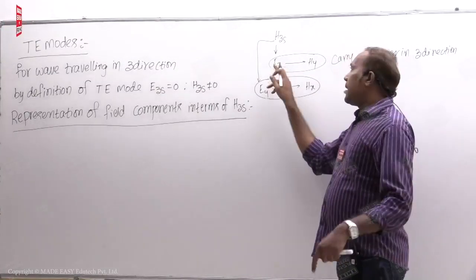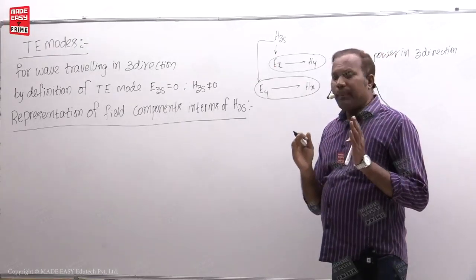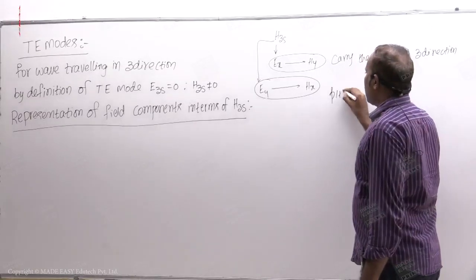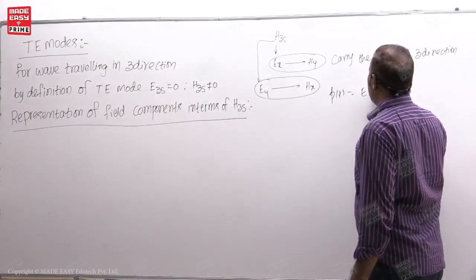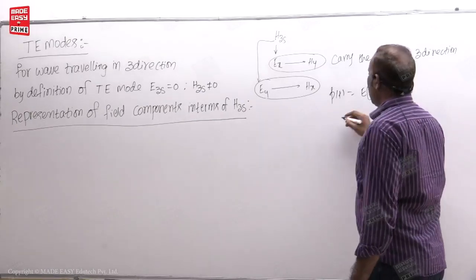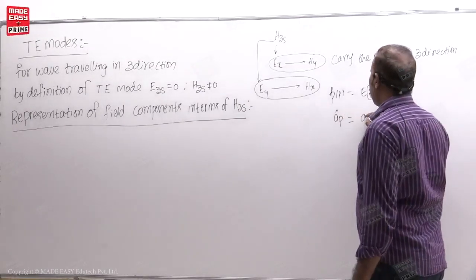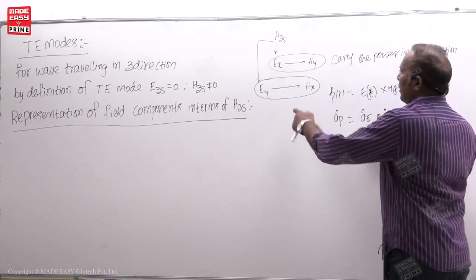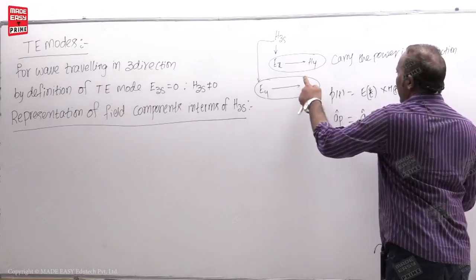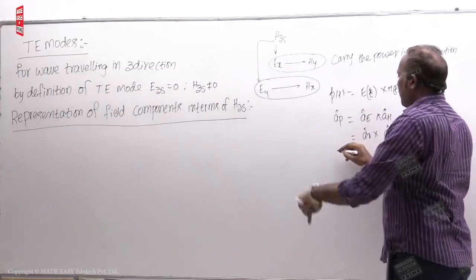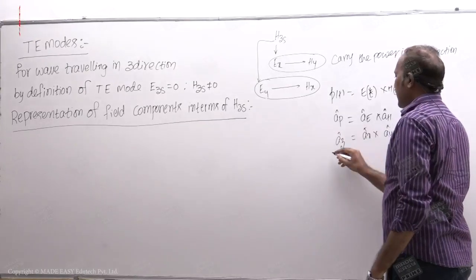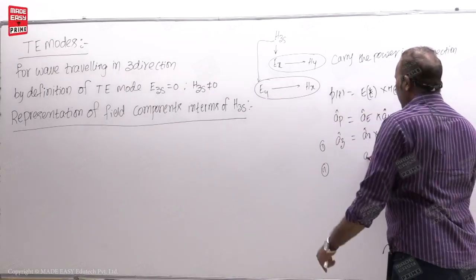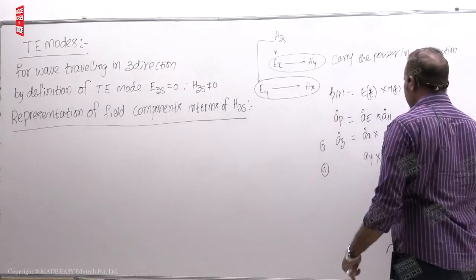Be careful. Hz cannot carry the power in z direction because the Poynting vector is equal to E of t cross H of t. For the power flow unit vector, take the electric field unit vector cross the magnetic field unit vector. If the electric field unit vector has an x component, then the magnetic field has a y component, and power is carried in the z direction. In the second case, if the electric field has a y component, then the magnetic field has an x component.